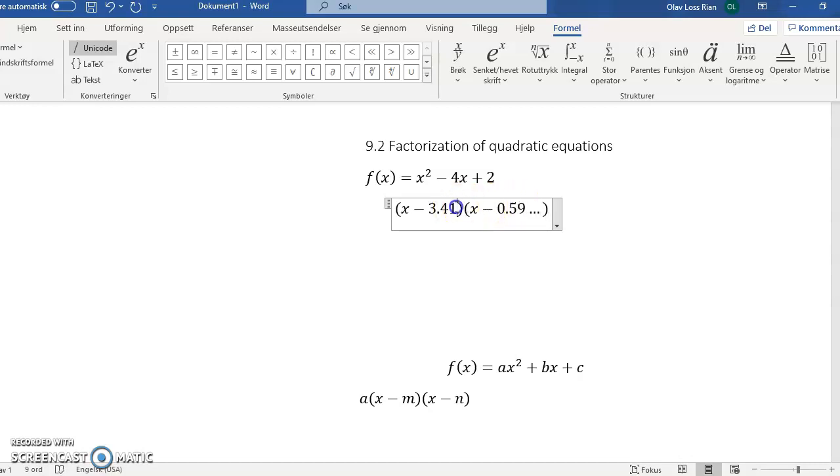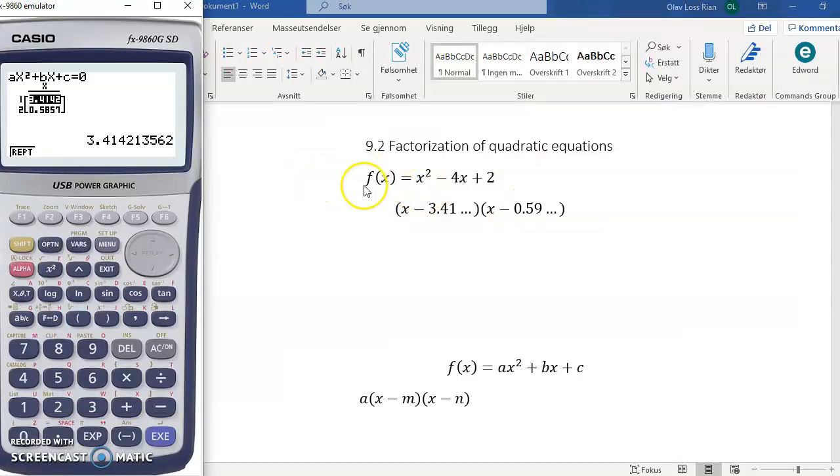Now, these are not exact values. So maybe it's a bad example, but this is how you factorize.